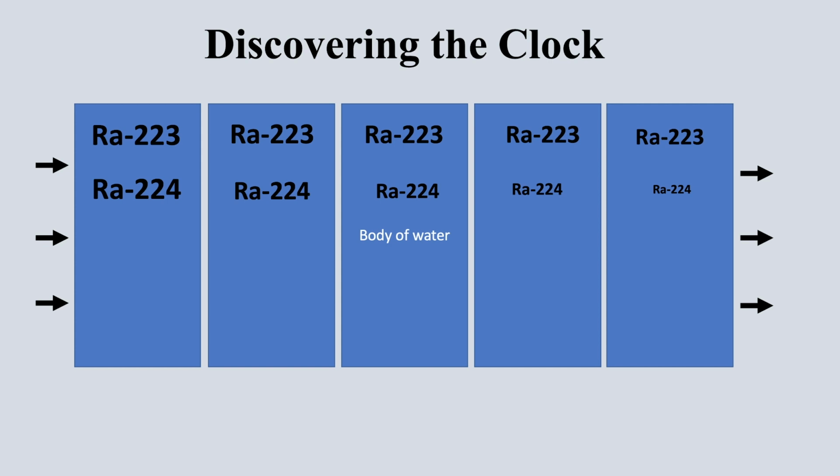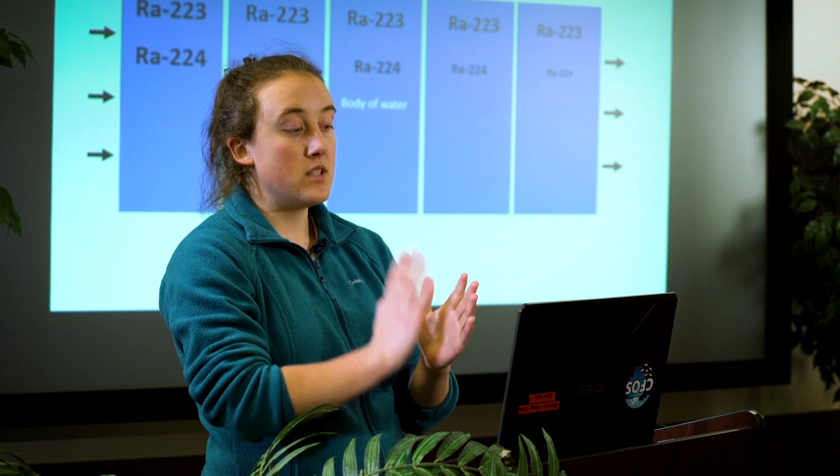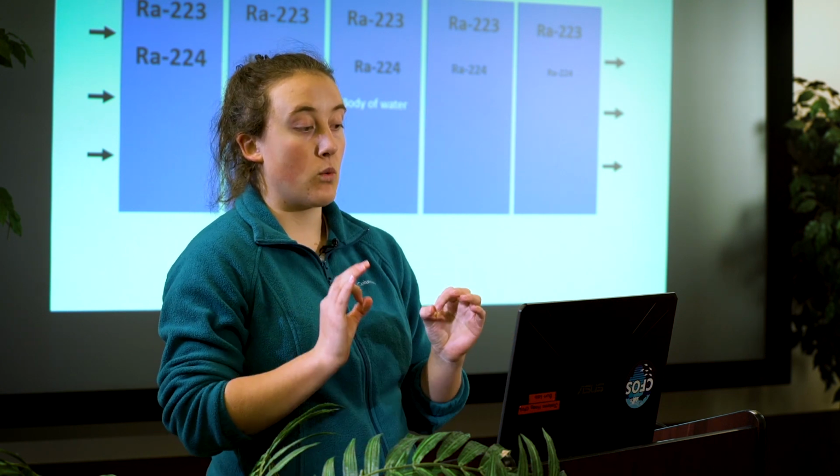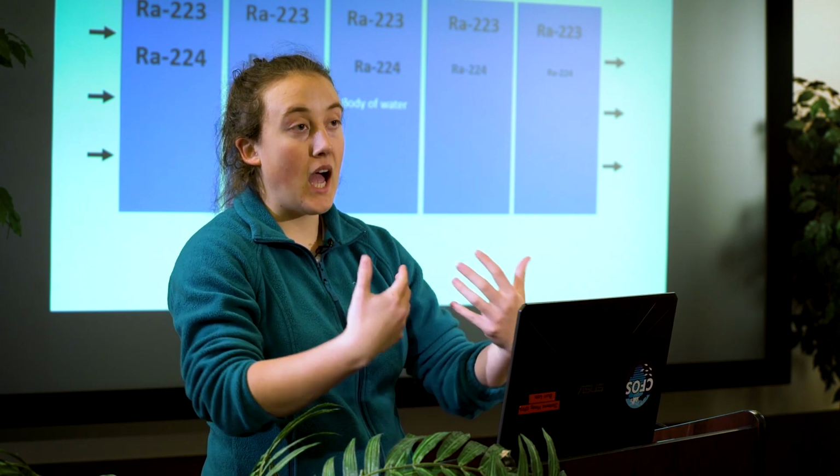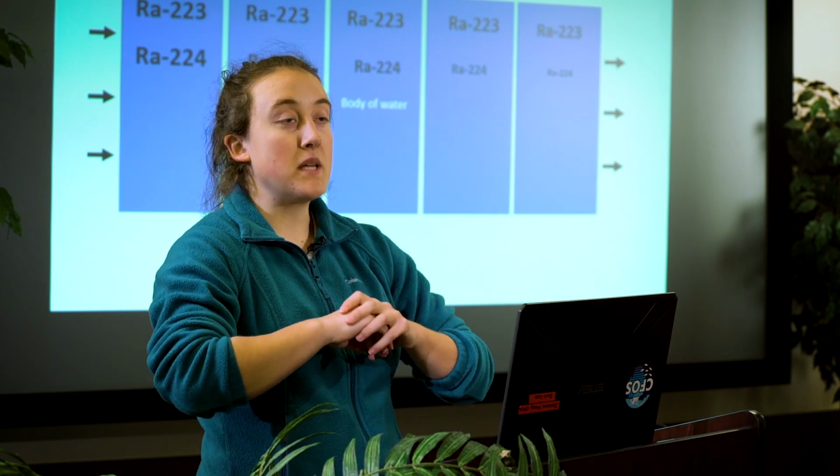And our radium decays, right? So it becomes a different element over time. There are different types of radium, which are isotopes. I look at 223 and 224, the shorter-lived ones. Both of them decay, but at different rates. As soon as the radium is input into the ocean, it's being diluted.